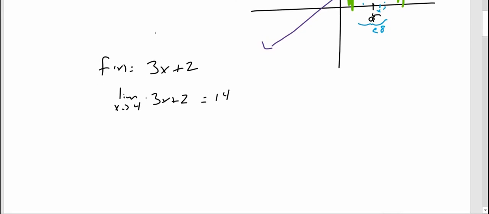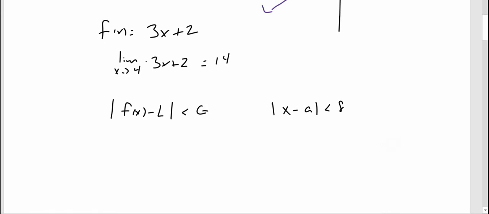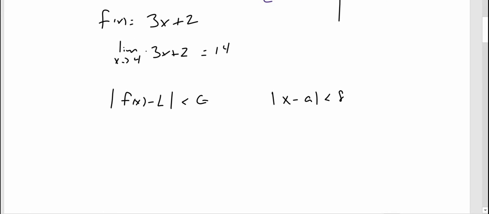All right. With that little notation up there, we have two things going on. Okay, we have the absolute value of f of x minus L less than epsilon, and we also have the absolute value of x minus a less than delta. Now there's some relationship between epsilon and delta, and that's kind of what we're looking for.